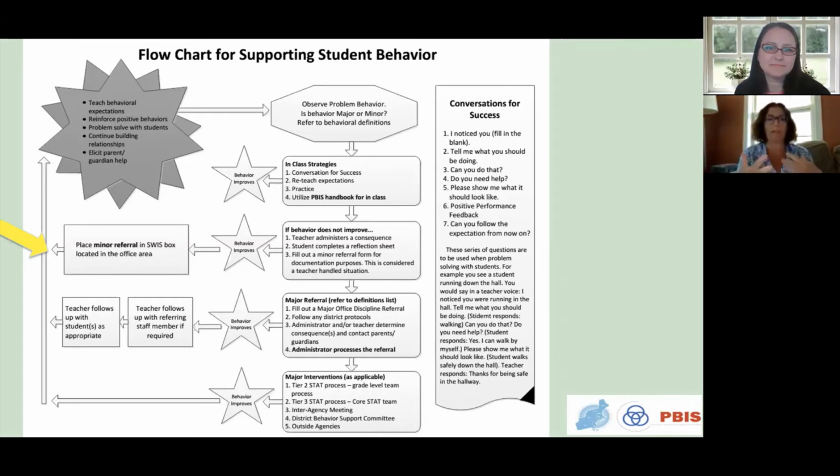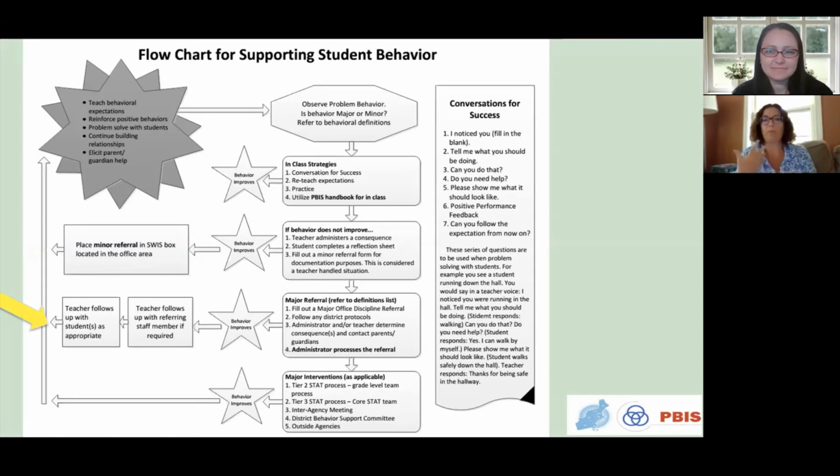And I know a lot of staff really appreciate being able to say that it's only after 3 episodes of interrupting or disruptive behavior that we classify that as a minor, rather than a student who's calling out every once in a while, which is not something that needs to be documented the same way as something more ongoing.